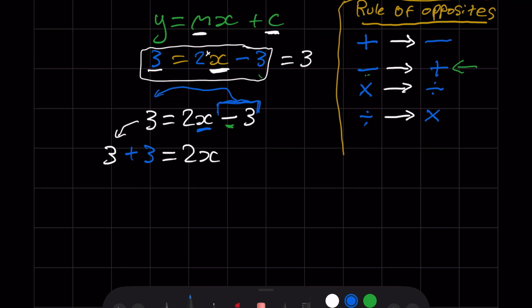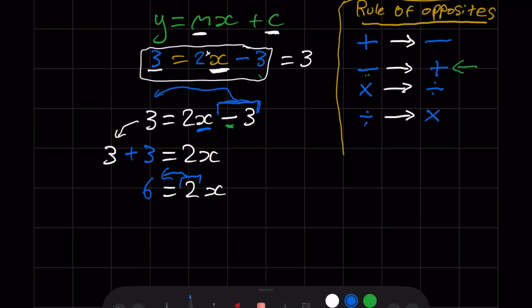So now we can answer this and continue. 3 plus 3 equals what? Well, 3 plus 3 is 6. 6 equals 2x. Now, as I said before, we want to isolate this x. So we want to take this 2 and move it to the other side of our equation.